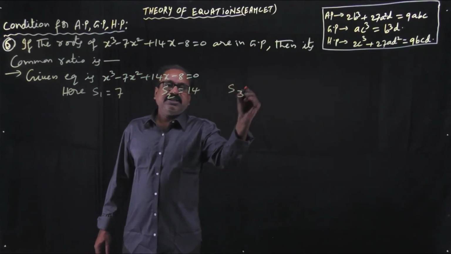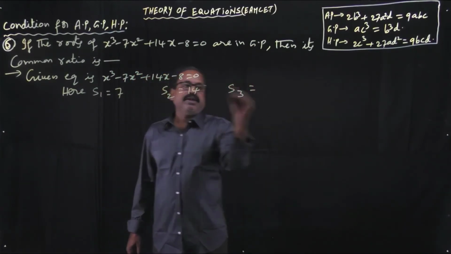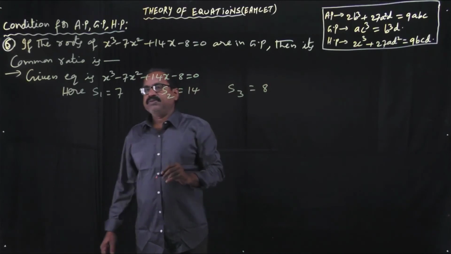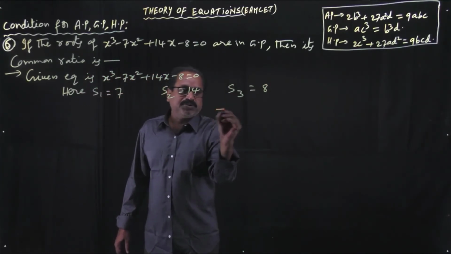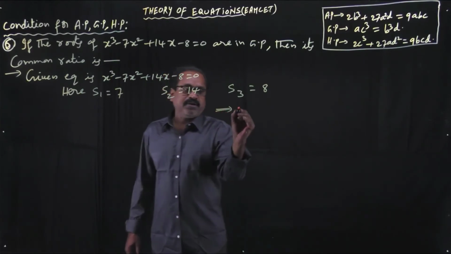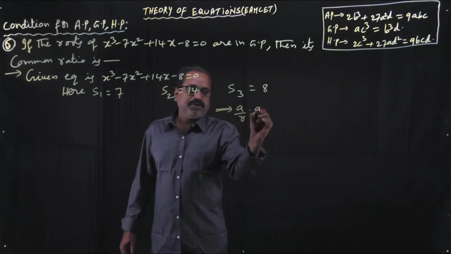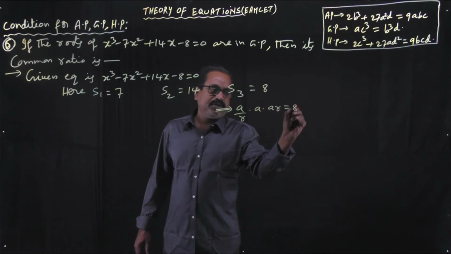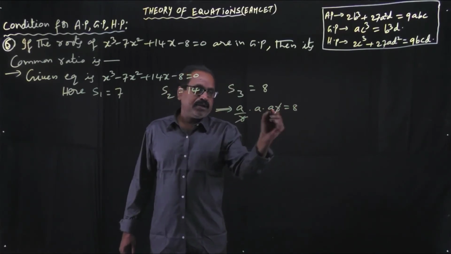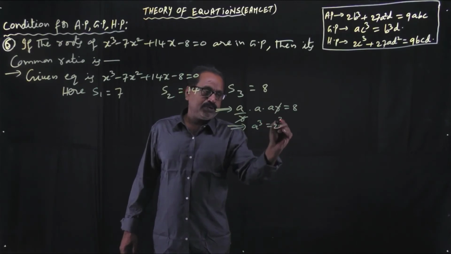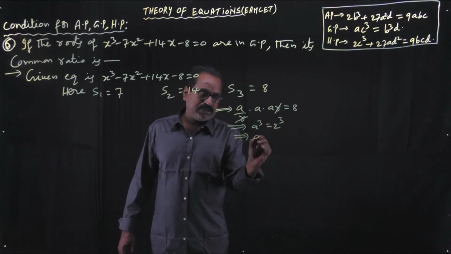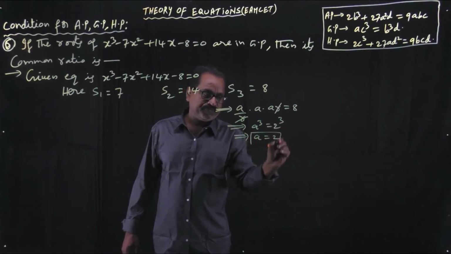And S3 is equal to minus A3 by A0, that is equal to 8. So S3 is the product of the roots. In GP, the roots are A by R, A, AR, and their product is equal to 8. Here R gets cancelled. A cube is equal to 8, that is 2 cube. This implies A is equal to 2.